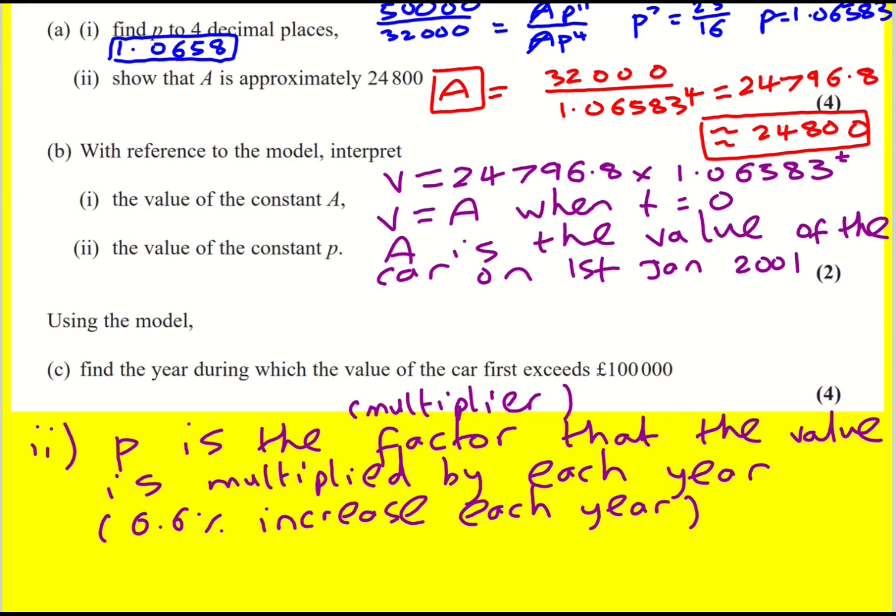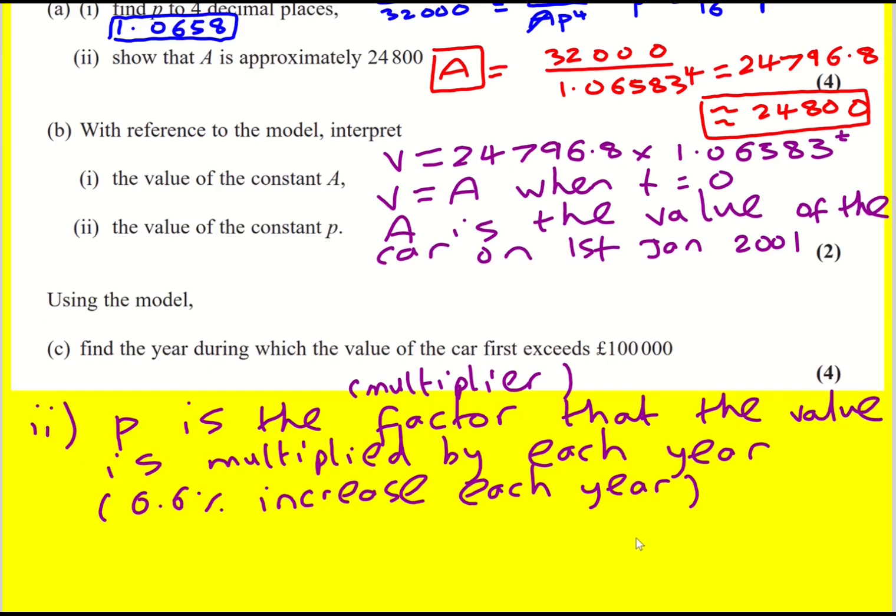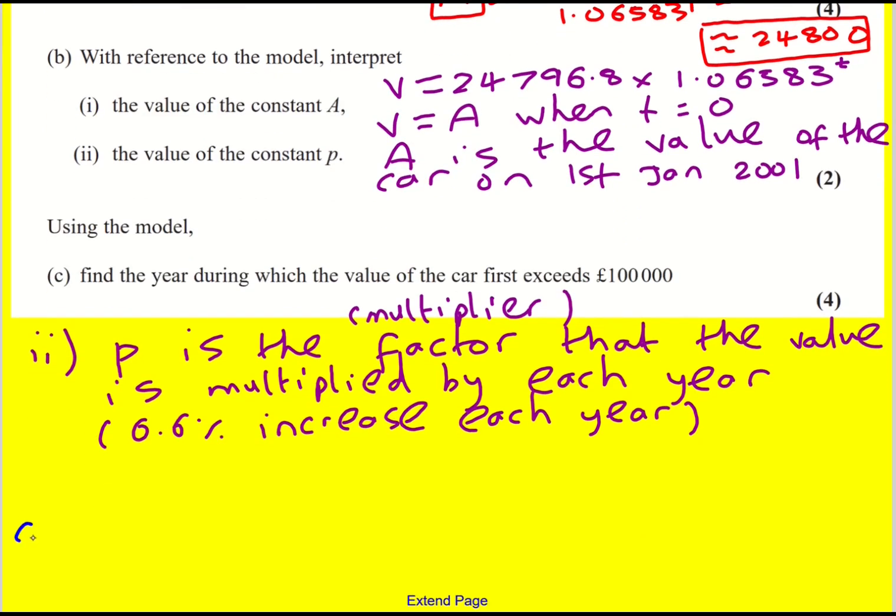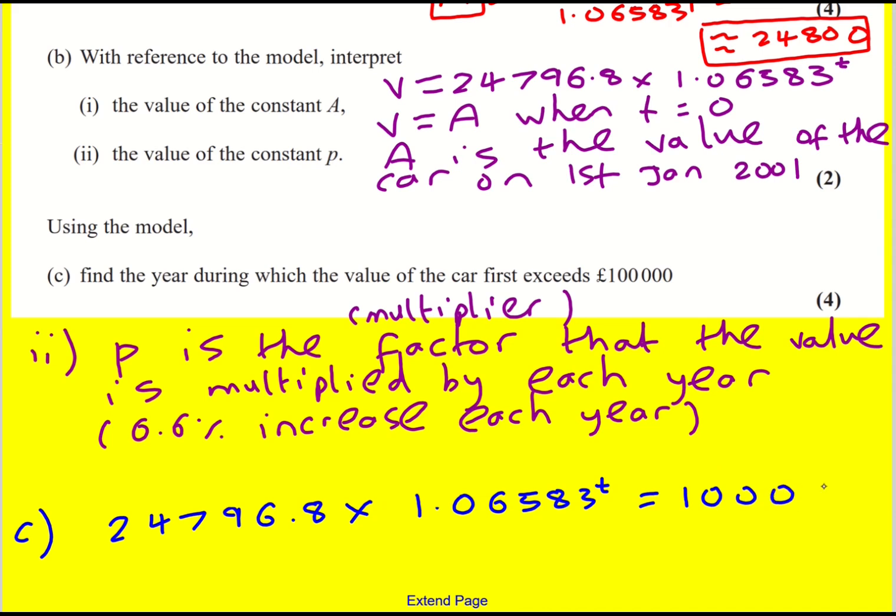Finally, use the model to find the year during which the value of the car first exceeds 100,000. So let's set that 24,800, and again, non-rounded version. You probably get away with it in A level, but best practice in science, non-rounded version. And I could say it's greater than 100,000, but let's just set it equal to 100,000, a bit easier to solve the equation.